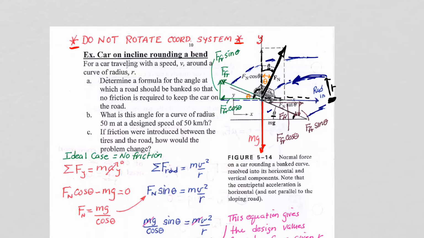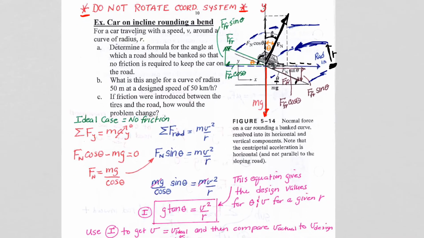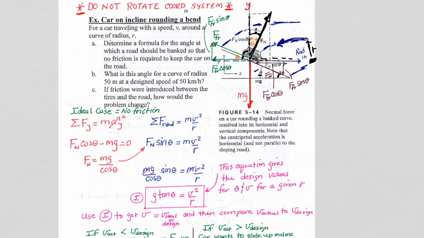So then we can set up our equations, and again, friction we're not putting into the problem yet. So just the embankment, and that will show us what the embankment is doing for us. So in what I call the ideal case or the design case for this road, we're not including friction.